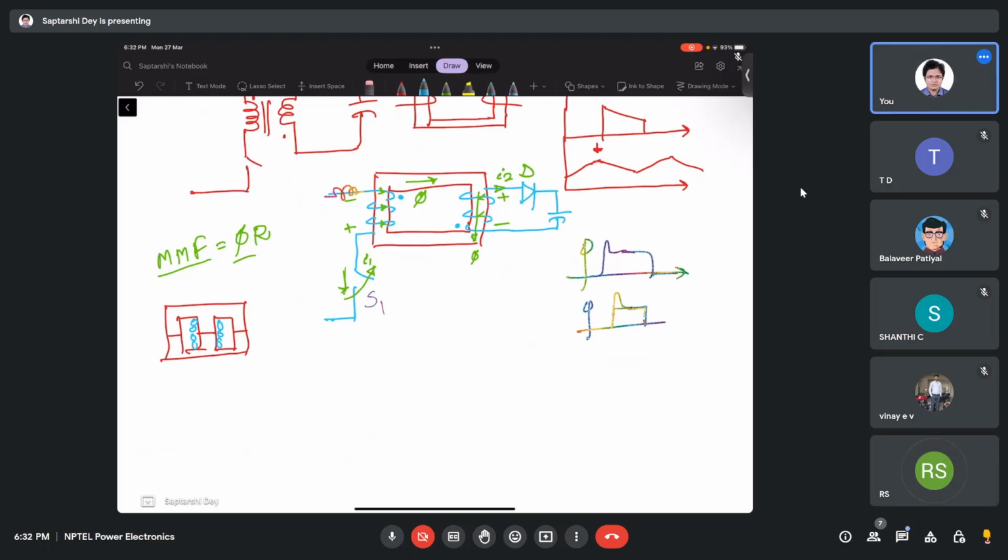So leakage means definitely yes, that is going through the air, but it is much more complicated. We cannot directly say. There are other things also related to it.